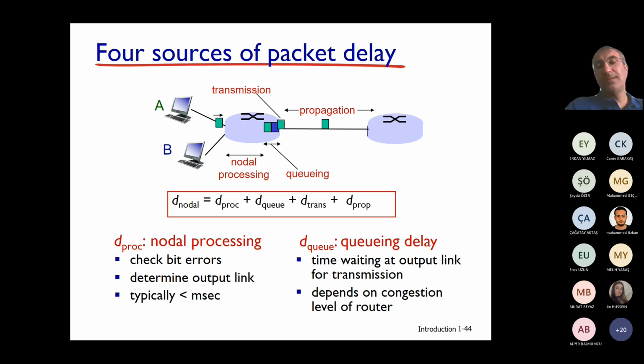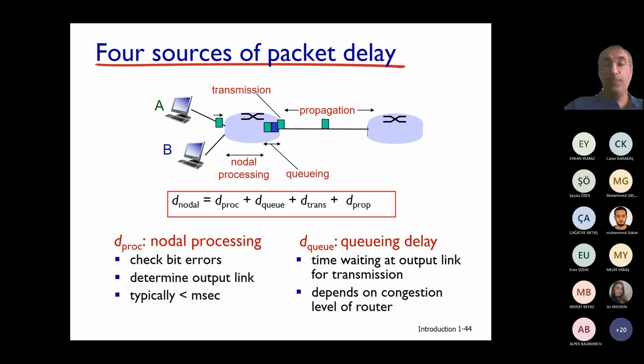This is the time that elapsed during this wait. And then we have the transmission delay, when the router starts to transmit the packet by feeding it to the link. And then we have the propagation delay. After you feed into the link, this is the time that it takes from the router to the destination.